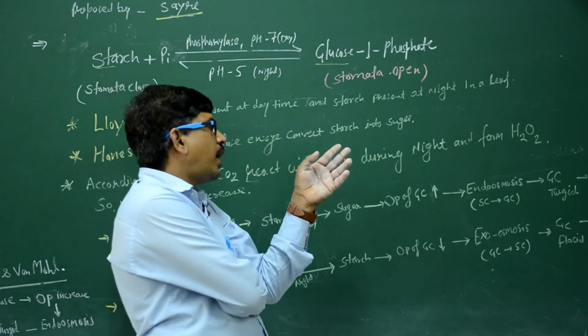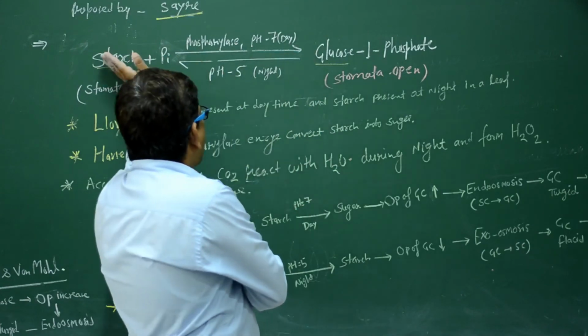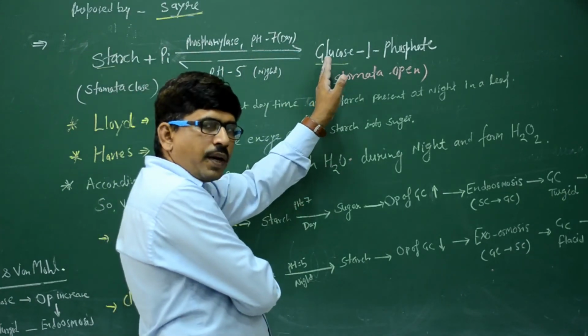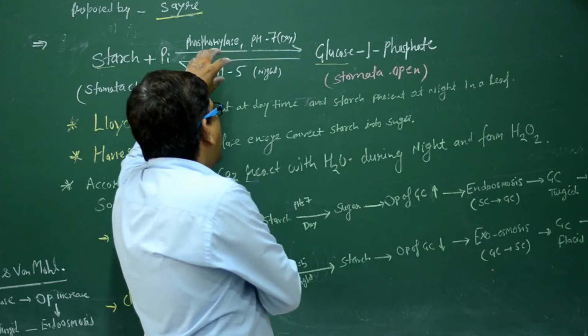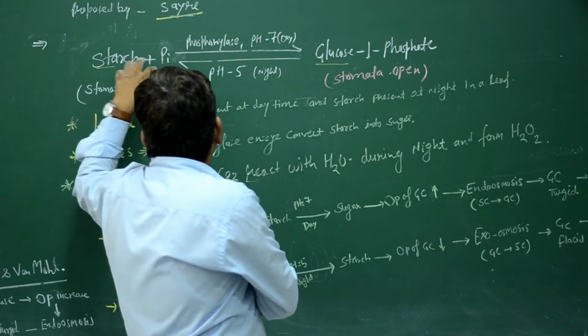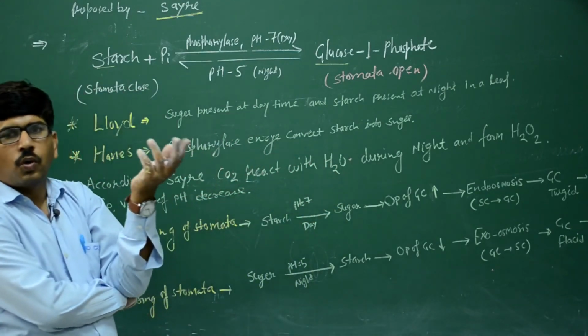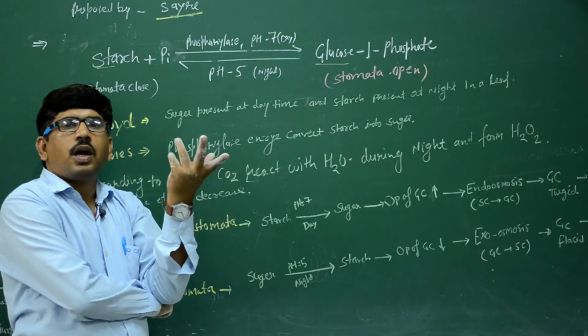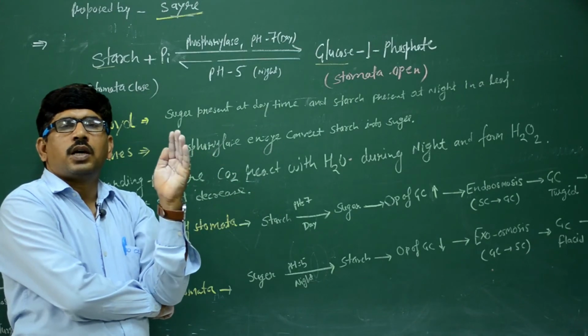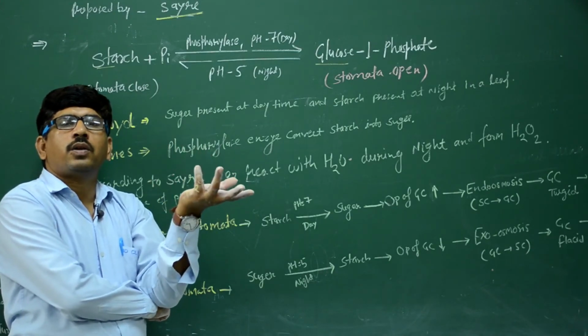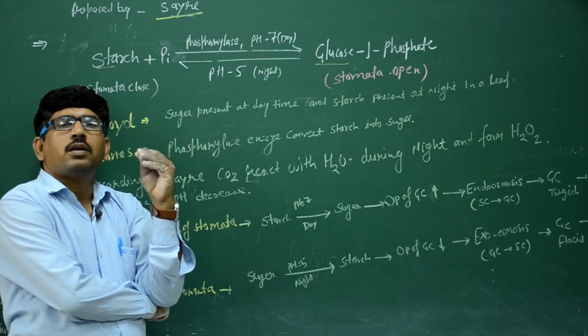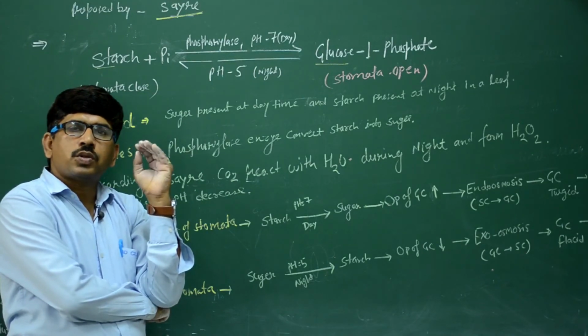So in the daytime the starch converts to glucose phosphate, and in the night time the glucose phosphate at pH 5 converts to starch. So OP of the GC decreases, and the GC is flaccid, and due to exosmosis the stomata close. Clear?